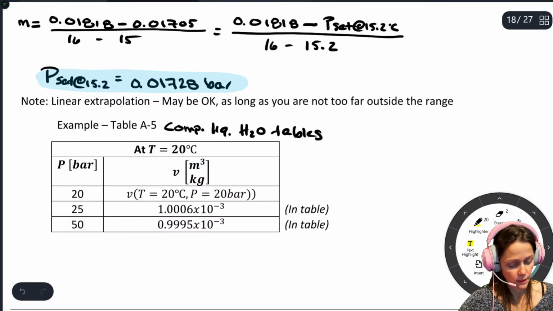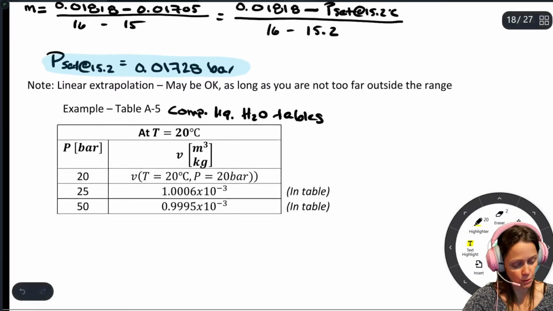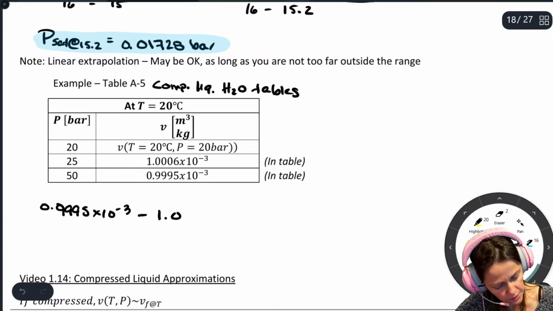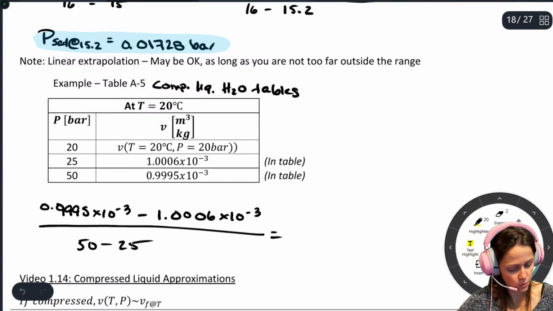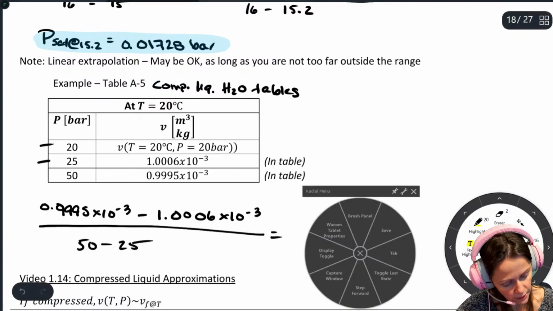Okay. And so it's the same mathematical principle, the same mathematical formula. I'm going to say, okay, 0.9995 times 10 to the negative 3 minus 1.0006 times 10 to the negative 3 over 50 minus 25 is equal to, and let's go between these data points now. It doesn't matter, but I'm going to be consistent working from the bottom to the top.